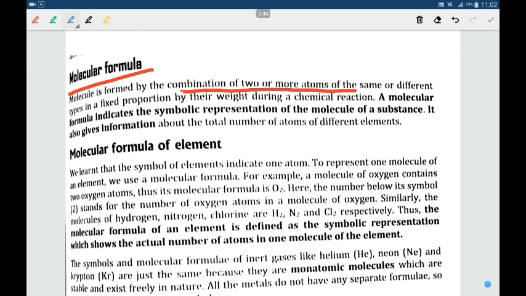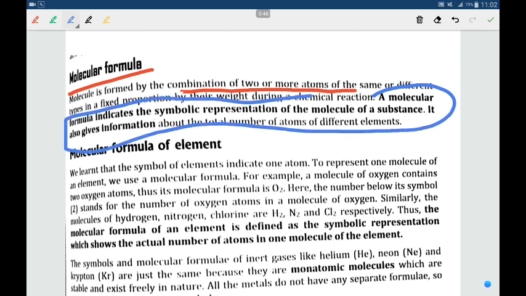Now students, we are going to define molecular formula. What is molecular formula? A molecular formula is the symbolic representation of the molecule of a substance. When a molecule of a substance is represented by using some symbols, then simply it is called molecular formula.